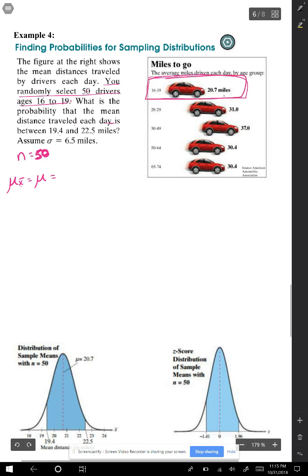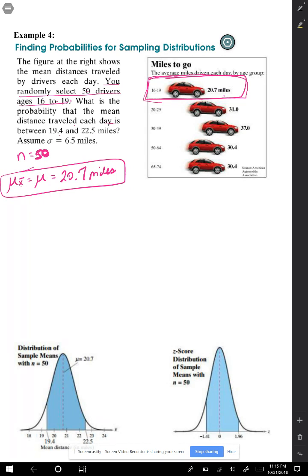So when we select the sample of 50 drivers, it's also going to have an average of 20.7 miles. They give us all this information, but they're just asking us about the 16 to 19-year-olds, so I'm only looking at that first box there. That is the mean of the 16 to 19-year-olds.